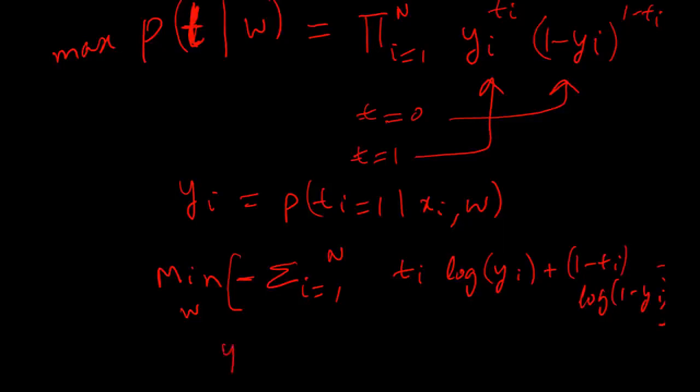Now what is y_i? y_i takes the form of w transpose x plus b if we assume that the underlying distributions are Gaussian for both classes and both have the same sigma. But in logistic regression, that assumption need not be true. We just assume that y_i is some w transpose x plus b. So we plug that in and minimize that expression with respect to w.